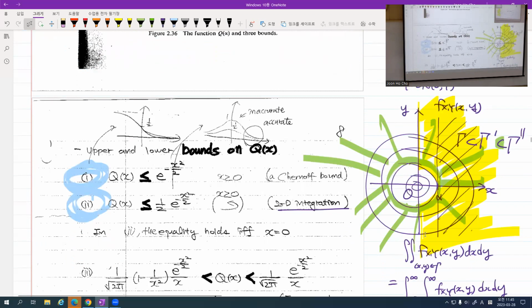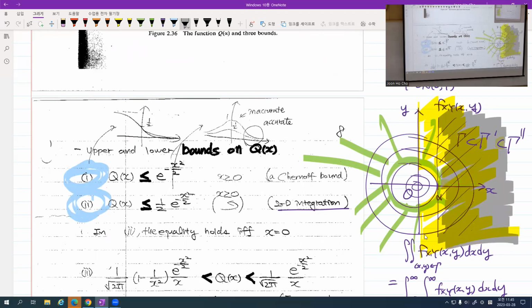But no bounding. The idea is very simple. As I told you, the Q function is the integration of the zero mean, covariance identity matrix Gaussian, right? Integrated on this gamma, on this area. And if you use the Cartesian coordinate to integrate this function on this interval, you immediately get Q of x, right?